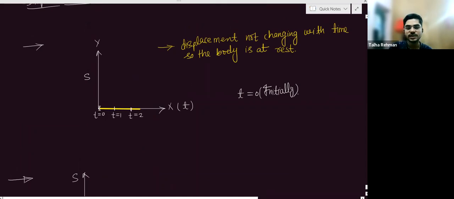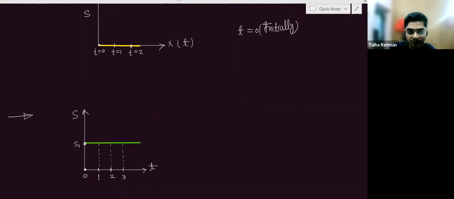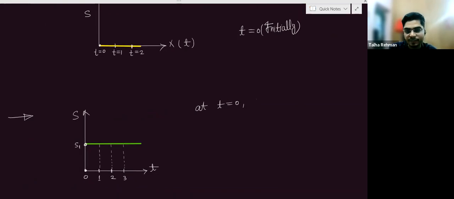This means the body is at rest here. But this body has covered some displacement initially. We can write, at t is equal to 0, I will represent displacement with s: the displacement of the body is s1.